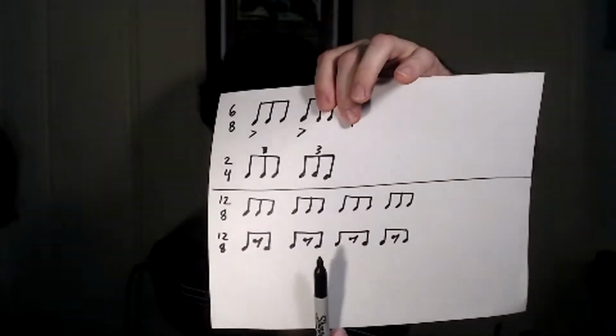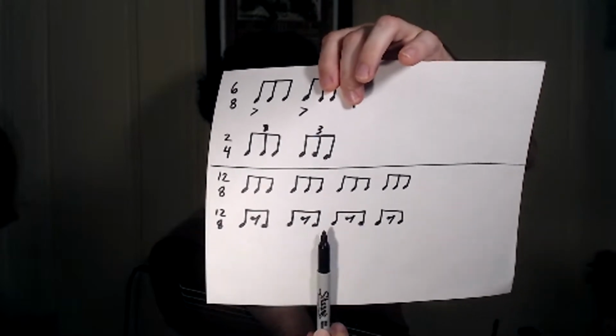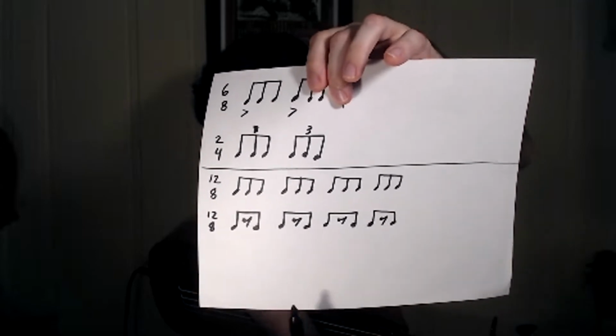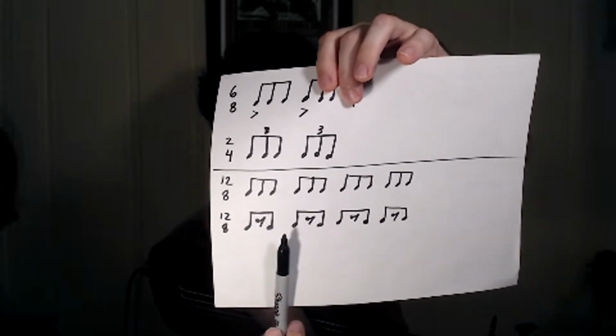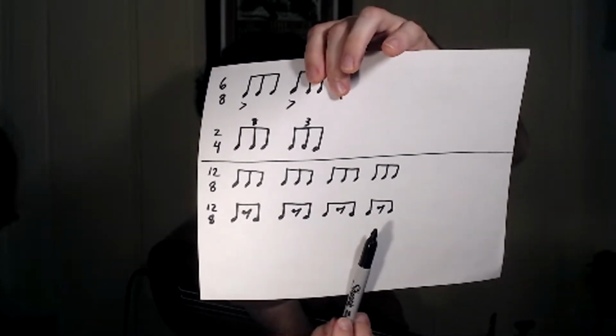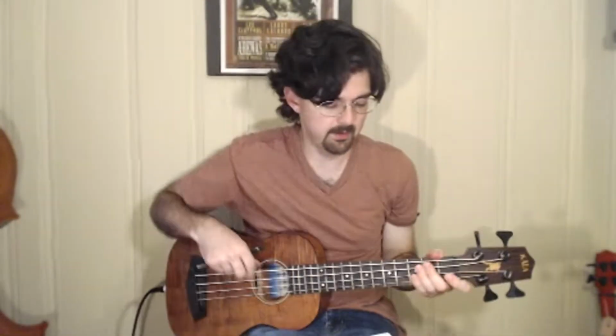So we'd go 1, rest, 3, 4, rest, 5, 6, rest, 7. Sorry, can't count, skipping the numbers apparently. So 1, 2, 3, 4, 5, 6, 7, 8, 9, 10, 11, 12. So that's what we're doing here.